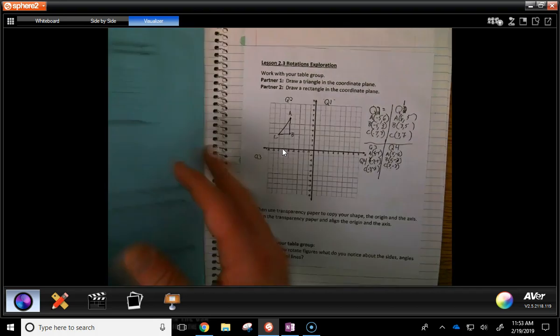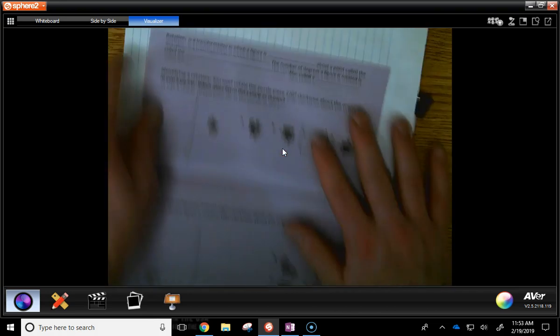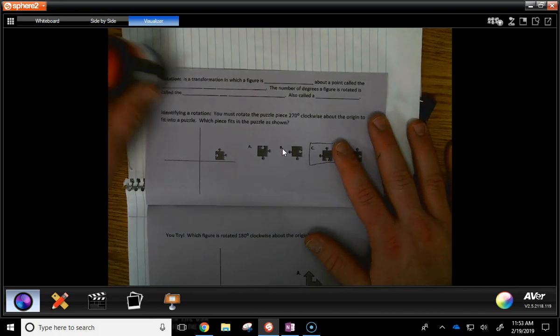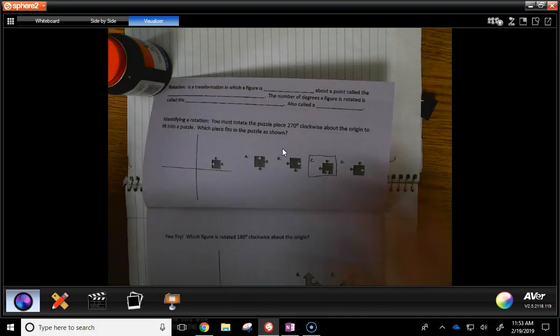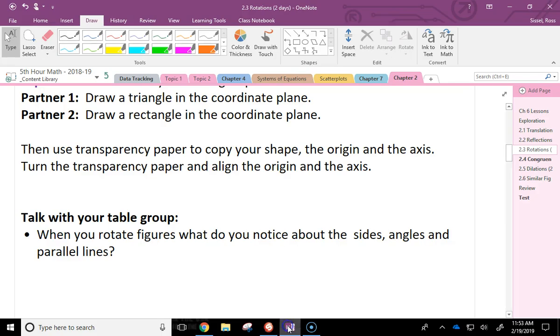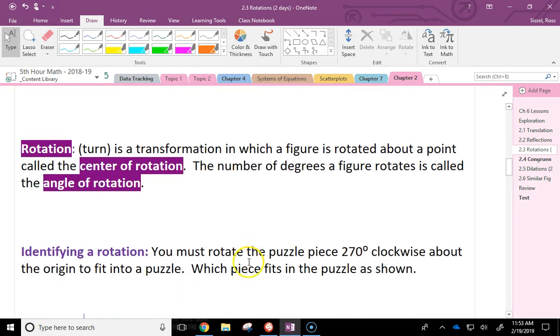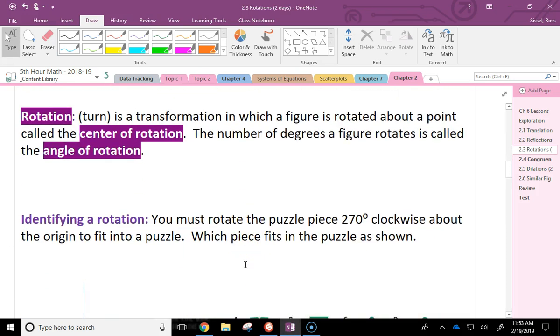So, what I'd like us to do is turn back to your foldable, and let's fill in some blanks. Purple sheet says rotation.